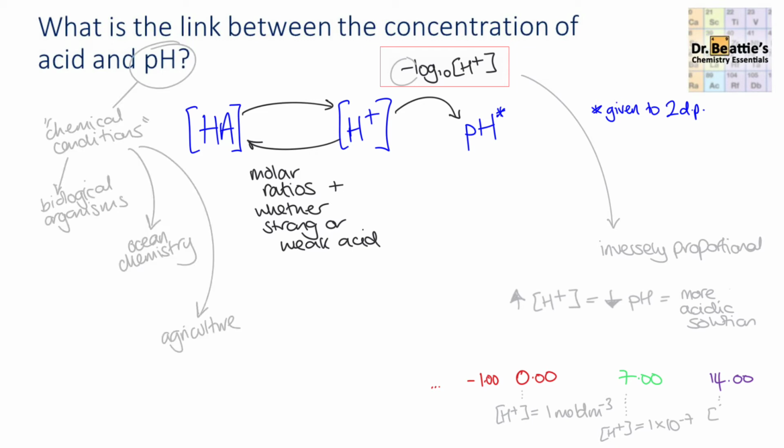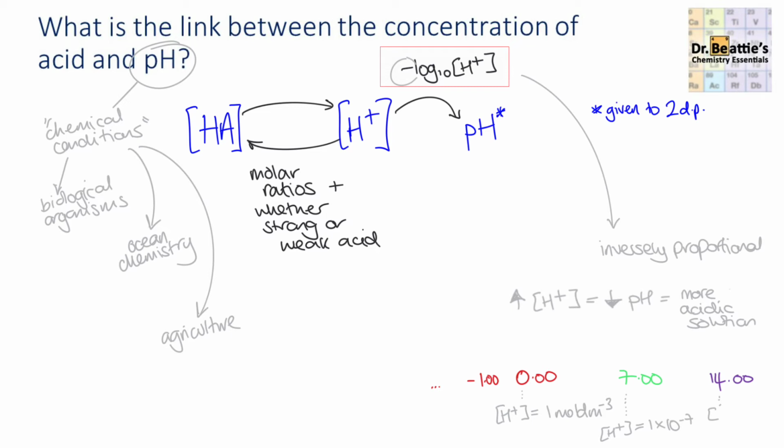And these chemical conditions allow us to manipulate biological organisms, allow us to understand ocean chemistry, and also agriculture in terms of soil, etc. If we had too many hydrogen plus ions, then the pH is obviously low, and that can affect enzymatic action. It can cause physiological damage. So it's really key, certainly for biochemistry, to have an understanding of pH.